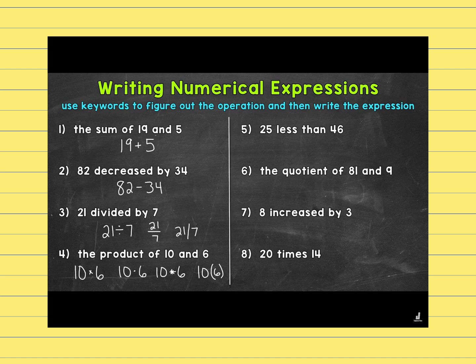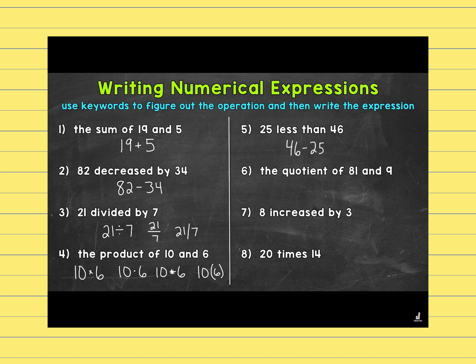And let's move on to number 5, where we have 25 less than 46. So when we see less than, we actually switch the order. This is going to be subtraction. We're taking 25 less than 46. So it's going to be 46 minus 25.